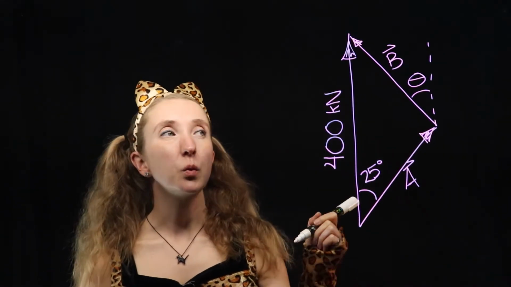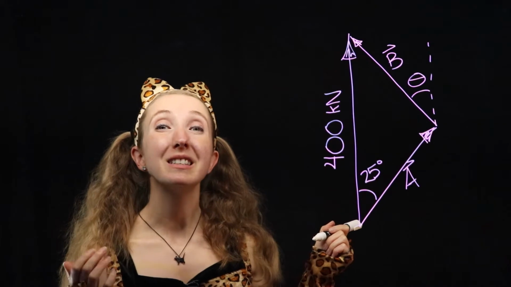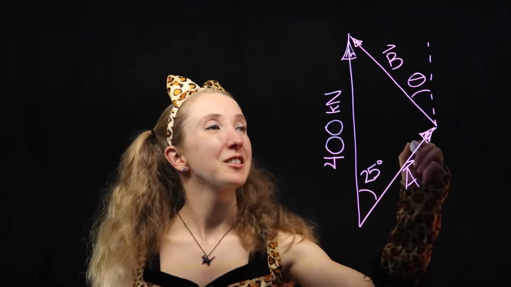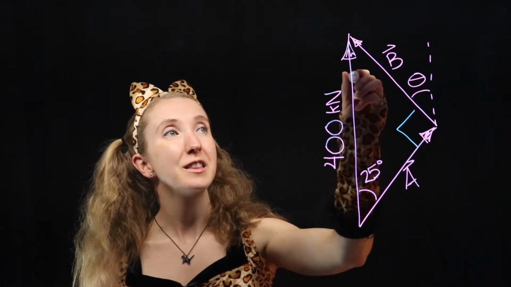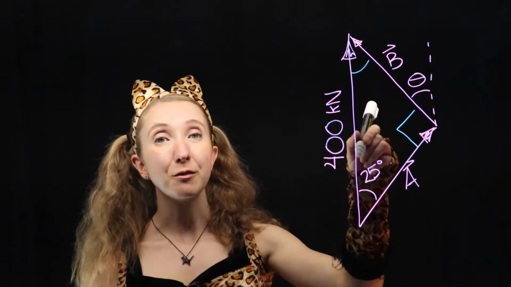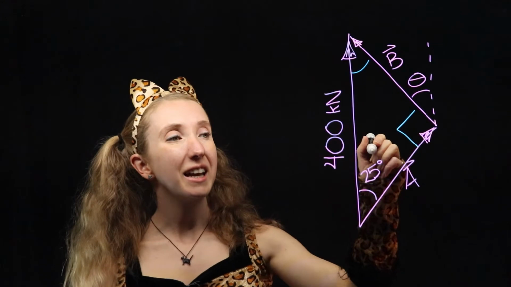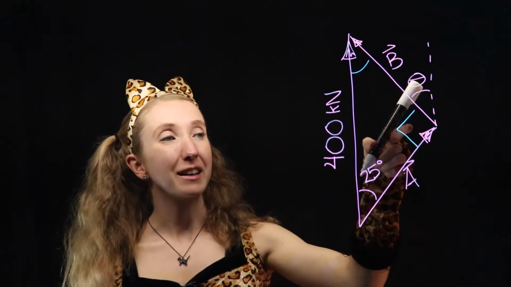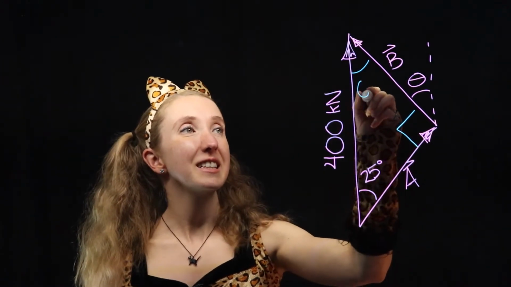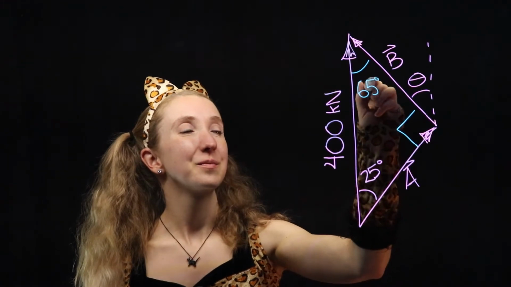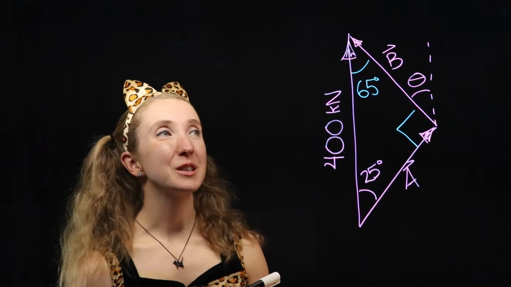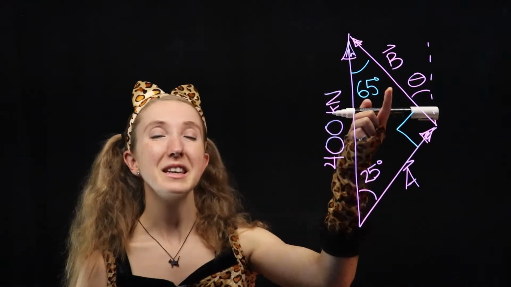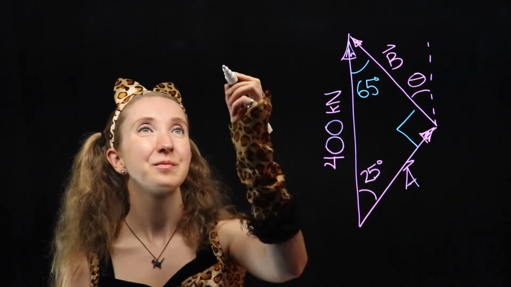That will happen when vector B is perpendicular to vector A. Knowing that lets us solve for this angle, because we have a right triangle. 180 minus 25 minus 90 gives us 65 degrees. Now we can use our Pythagorean theorem to solve for the magnitude of vector B and vector A.